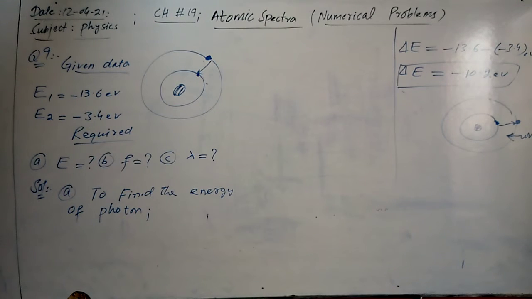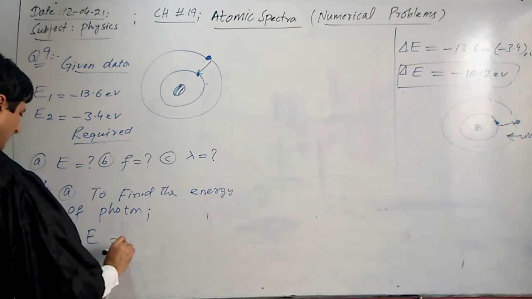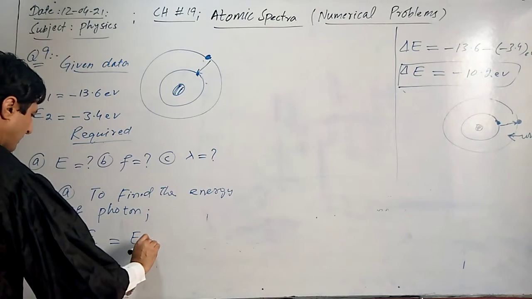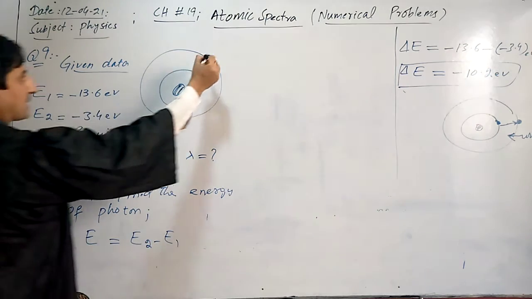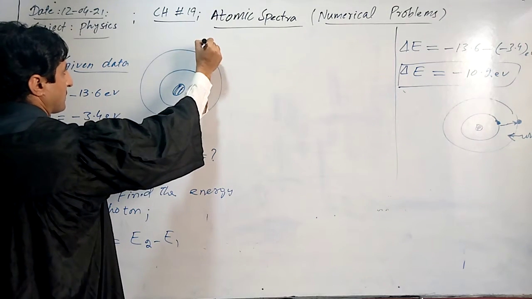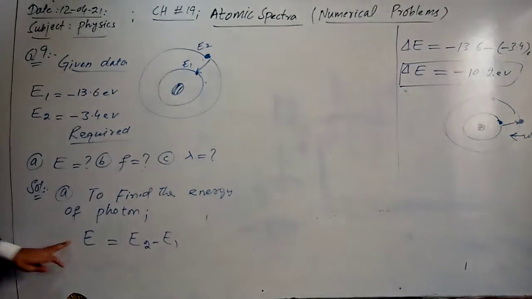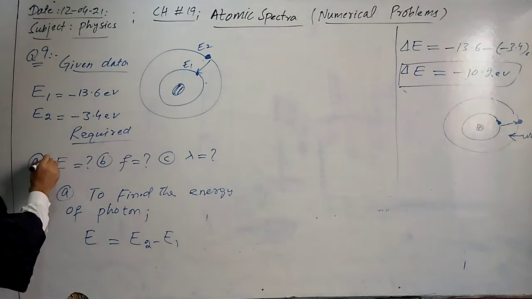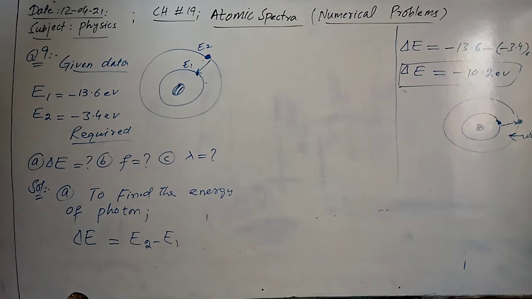The same formula: delta E, the energy of the photon, is equal to E2 minus E1, because the electron dropped from the second orbit. Here the energy of the electron is E2, here its energy is E1. So we have to calculate this delta E. We can represent this by delta E equals E2 minus E1.